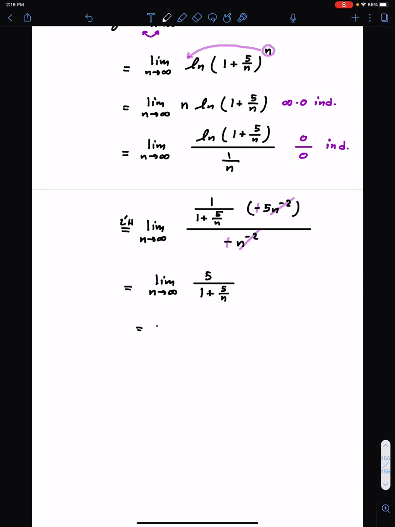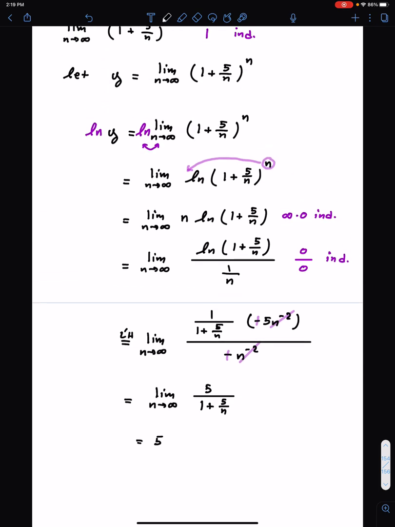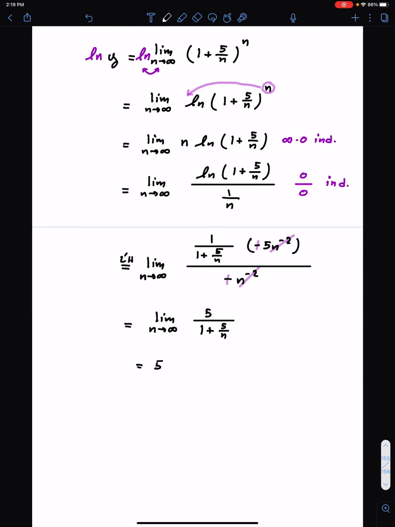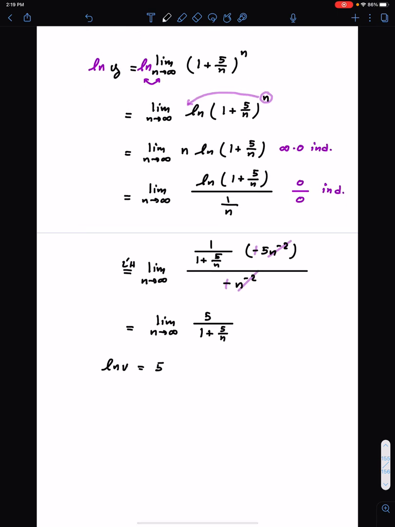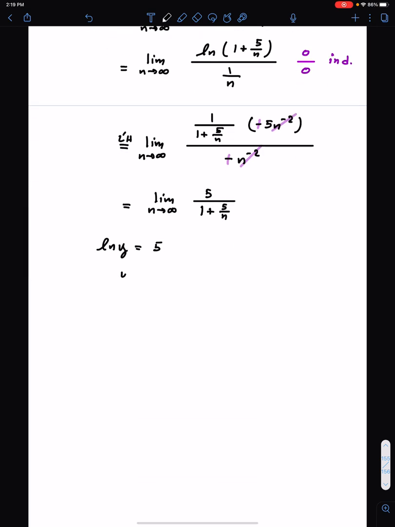This limit is equal to 5, but if I go back to the beginning, y was my original limit, and the left side is the natural log of y. So the natural log of y is 5, which means y equals e to the 5th power.